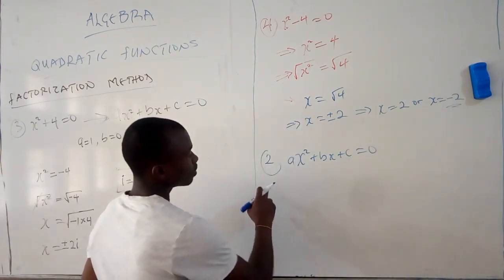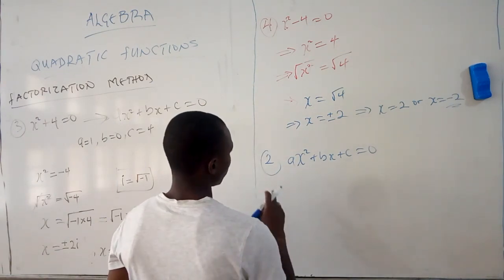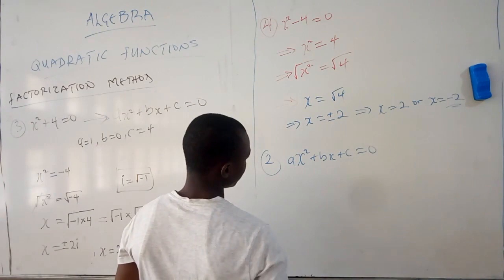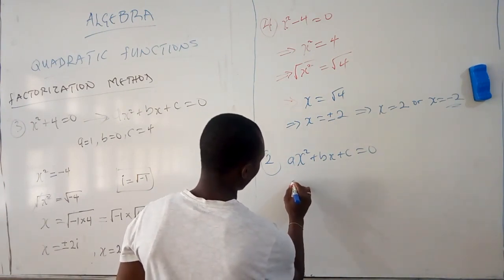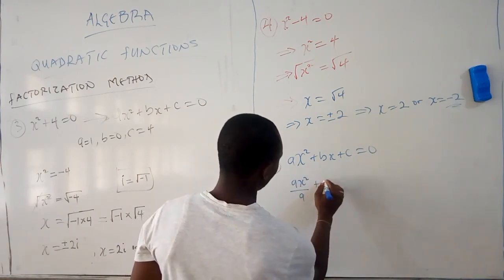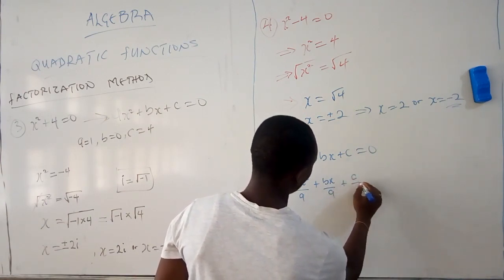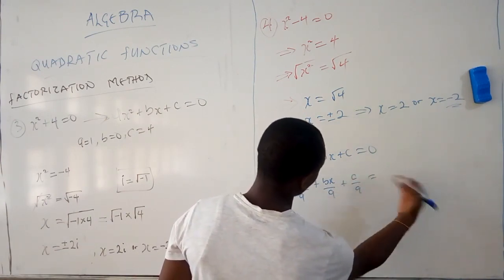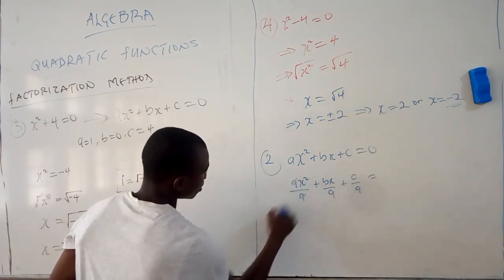So you now divide through by a. You have ax squared divided by a plus bx divided by a plus c over a is equal to 0 over a, which is 0. Then this will cancel this.